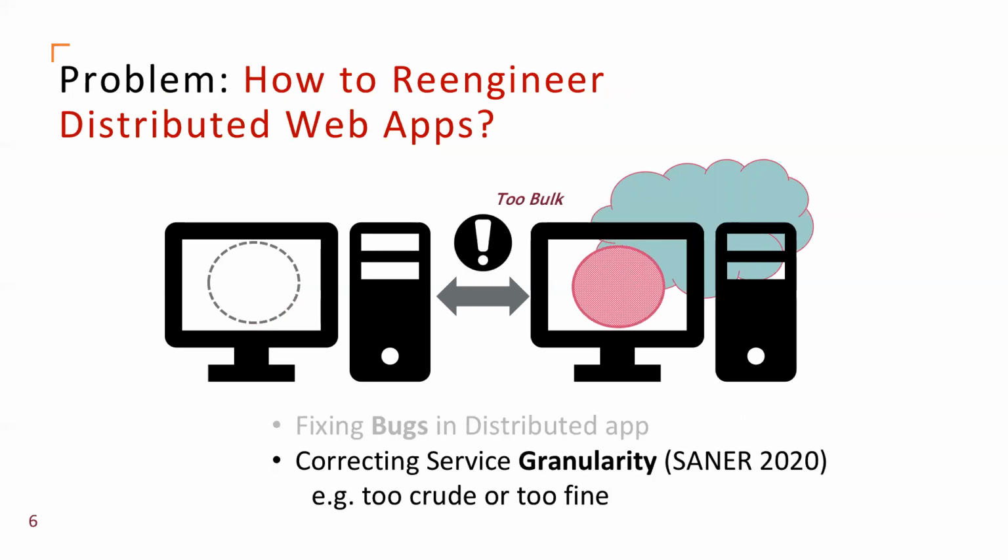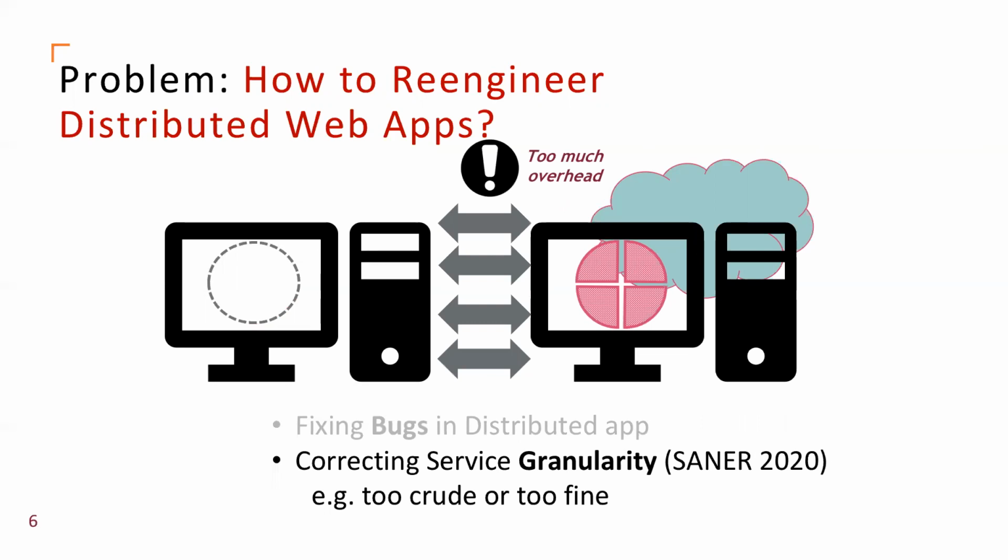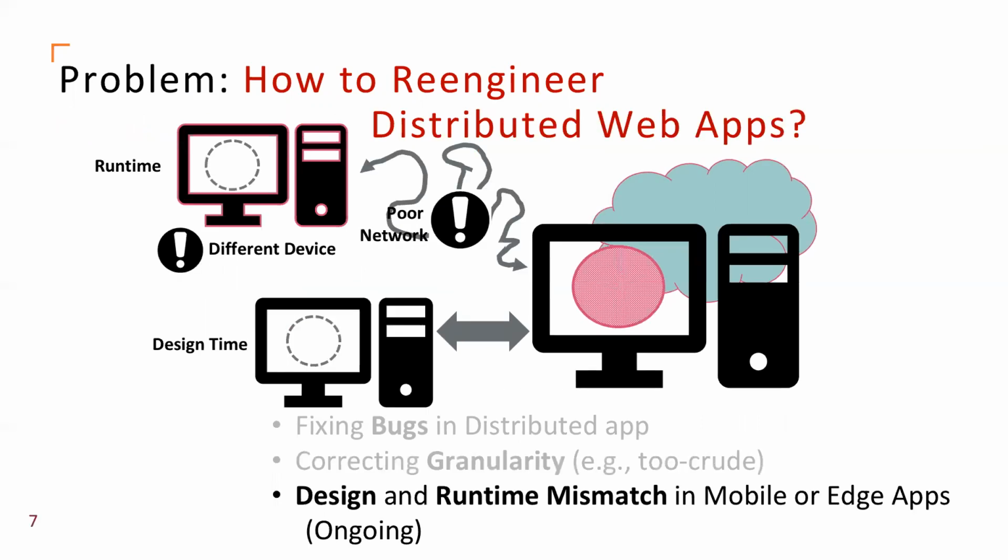In some cases, a distribution can be ill-conceived in terms of the granularity of the remote service. The reality of runtime for a distributed web application can be far from the design time. In the running environment, the network condition can be very limited, unlike at design time.